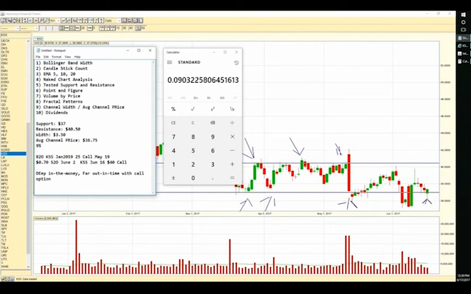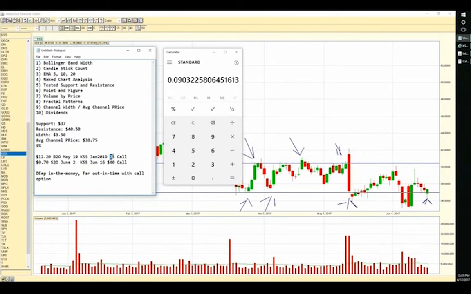Make sure we go ahead and keep our nomenclature here. And what we wound up paying for these things was $12.20. So instead of paying $37 on May 19, we paid $12.20 for this deep in the money call.